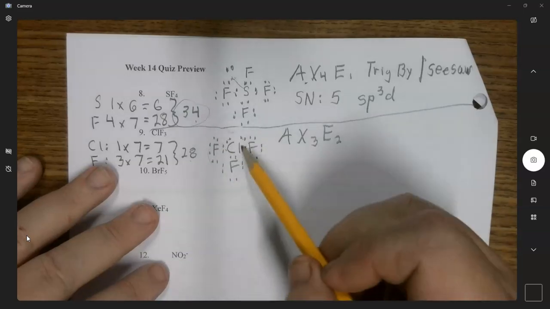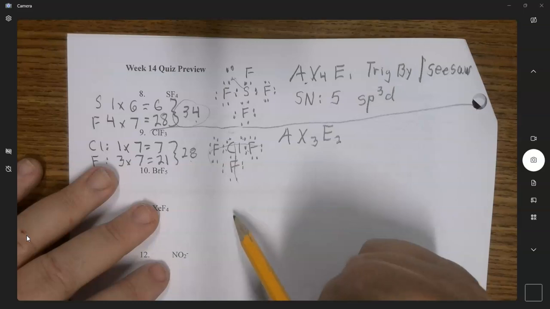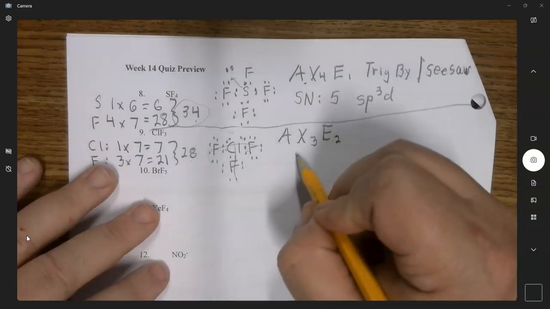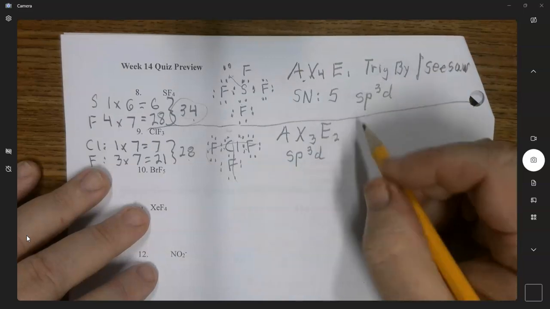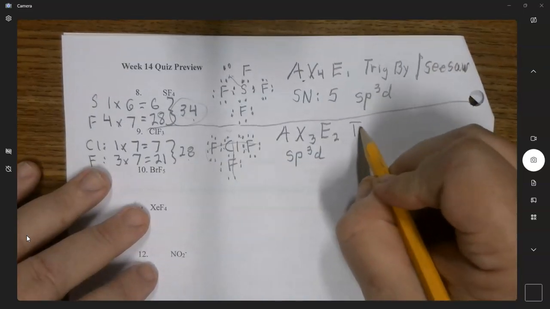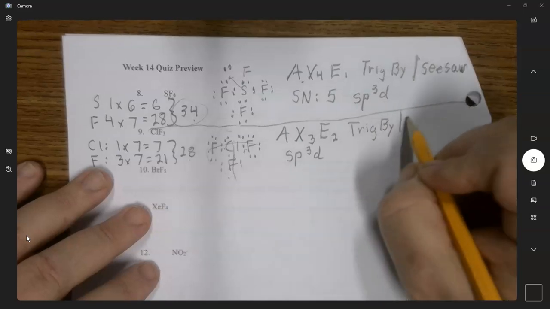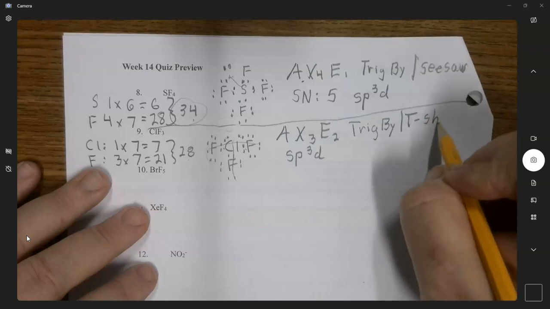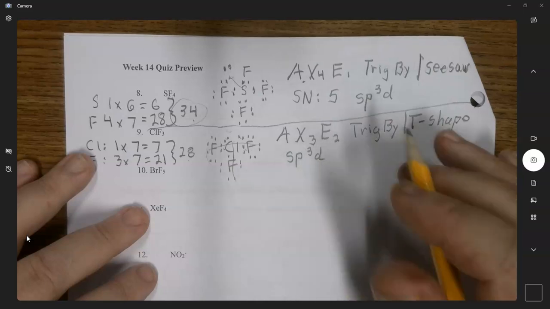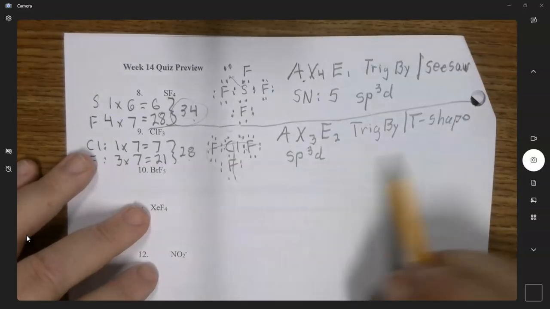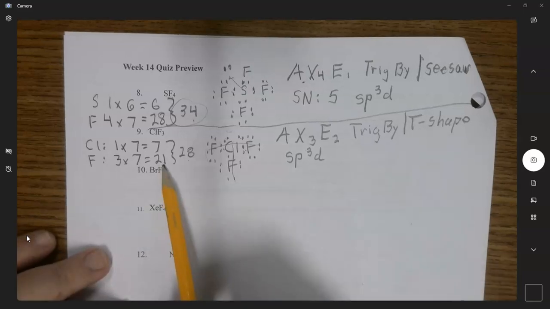You're taking off 2 of these, so if you just look at this like that, it looks like a T. So that's going to be trig bi and T shape. Okay, there you go. We're not going to get into drawing the Aufbau for these. Okay, so let's keep going.